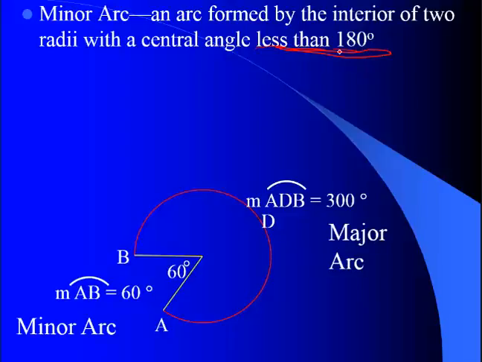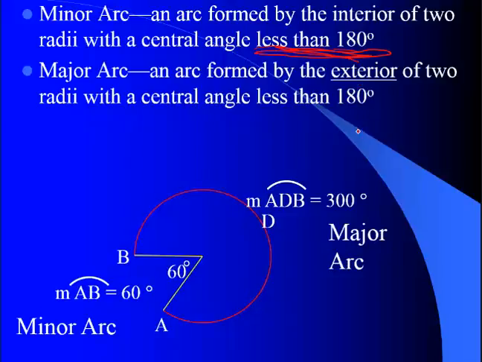Minor arc has a central angle less than 180 degrees. If it's more than 180 degrees, it's called a major arc. Or you could look at it as one is the interior of the central angle, the other one is the exterior of the central angle.